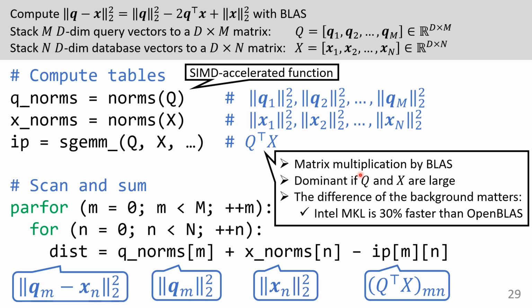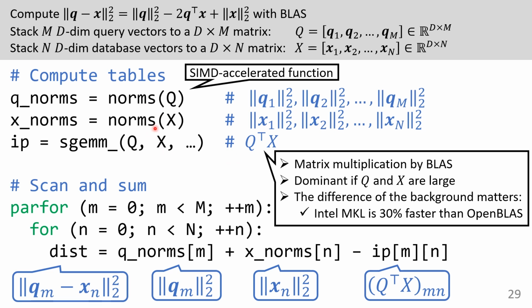As you can see, if the number of query vectors is large, then this part is dominant, like if Q and X are large. So they use this algorithm if Q is large. An interesting thing here is the difference of the backend matter. Intel MKL is 30% faster than OpenBLAS. But anyway, this is a BLAS function, so it's super fast.